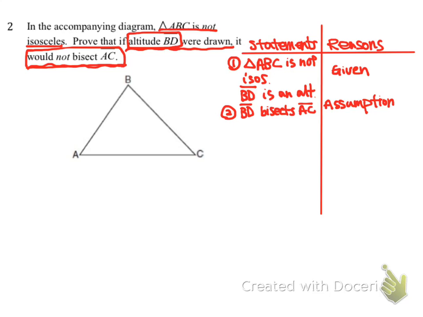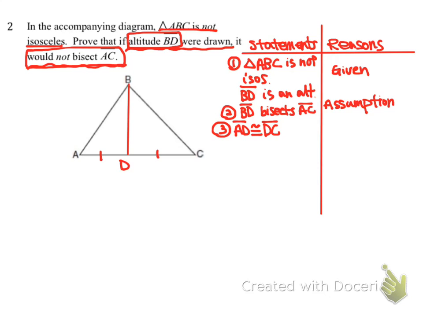Now, since it's not drawn, let me just write that down, and I'm going to assume that that's D. Since BD bisects AC, this line segment must be equal to that line segment. That's based upon our assumption. So step number 3 would have been AD must be congruent to DC.